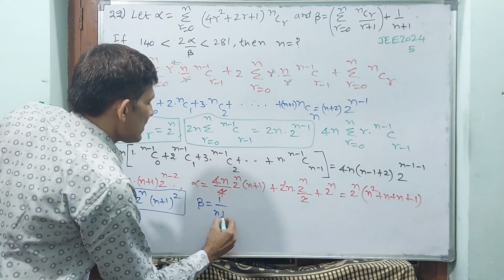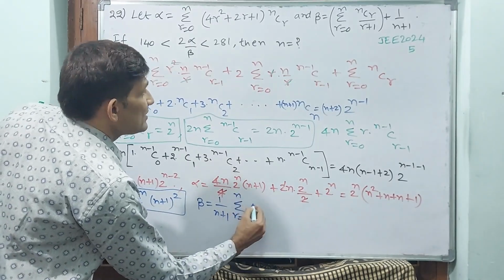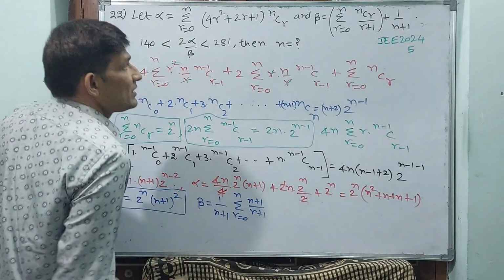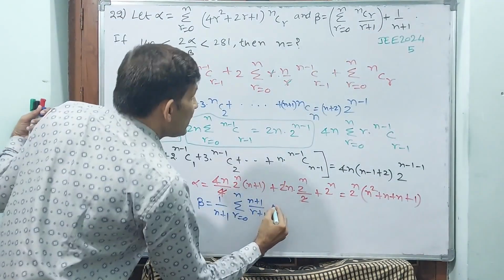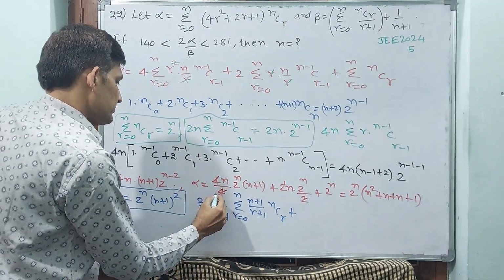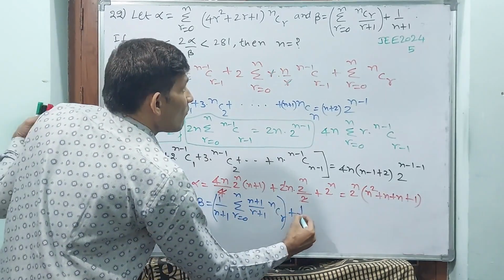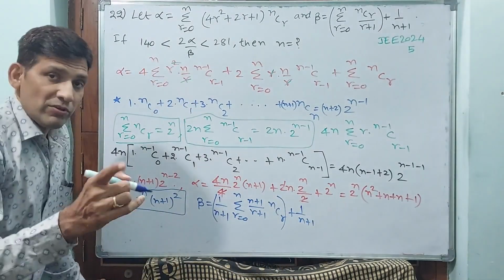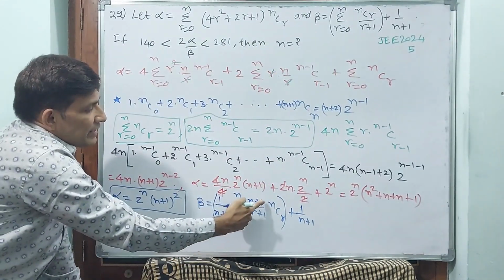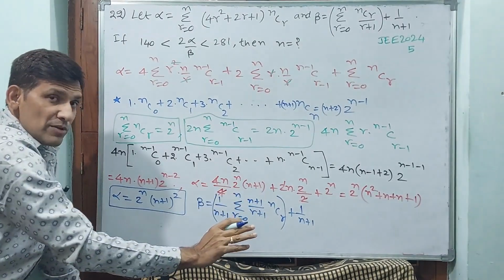You see 1 by n plus 1 sigma r is equal to 0 to n and n plus 1 by r plus 1, because this r plus 1 is there, ncr plus 1 by n plus 1. Okay, observe carefully what I have written. This ncr same, r plus 1 is also there, n plus 1 extra I have taken, and denominator n plus 1 I have kept. Both are going to get cancelled, same thing is going to come.